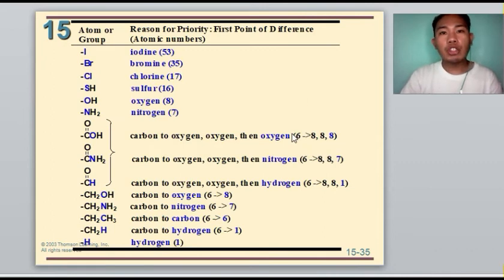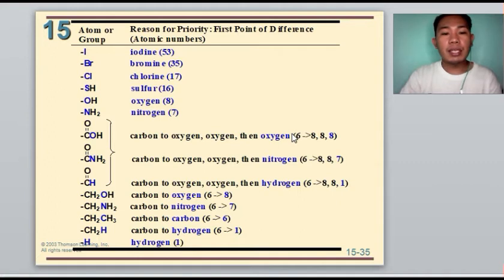This slide shows the priorities of the most common groups we encounter in organic and biochemistry. In the RS system, a C double bond O is treated as if carbon were bonded to two oxygens by single bonds.